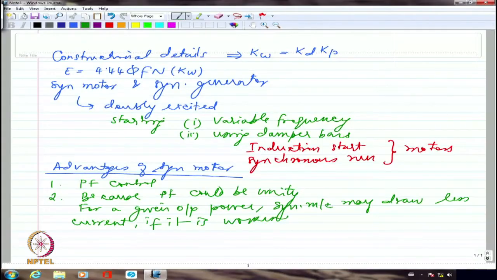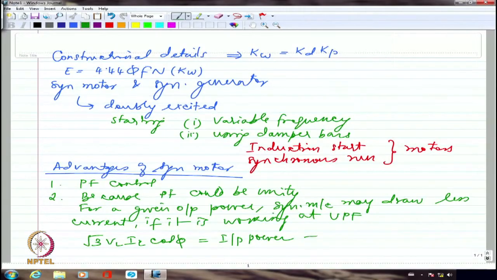So if the machine is working at unity power factor, the current drawn, because I am going to say that root 3 VL IL cos phi, if I assume that the efficiency is almost unity, is going to be the input power, which is also approximately equal to output power.